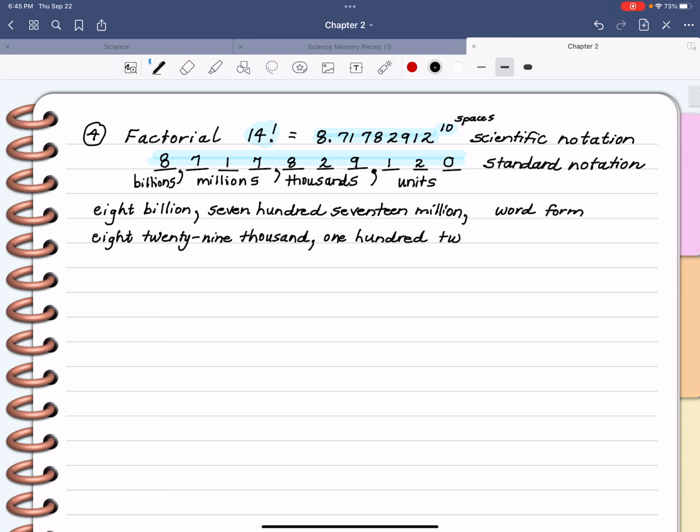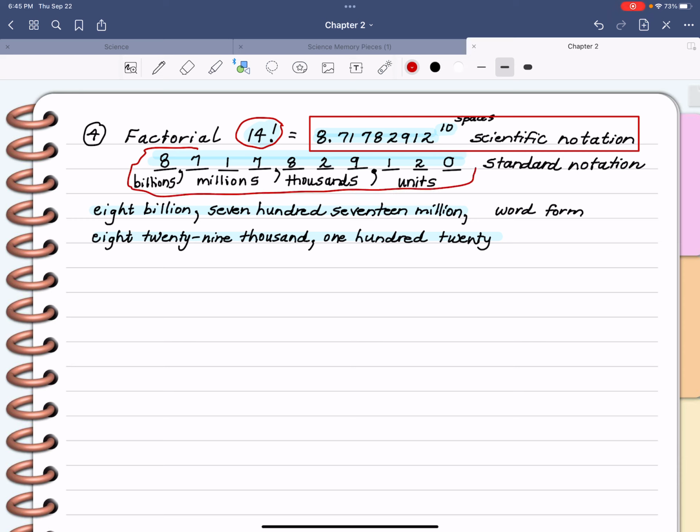I thought this was going to be a fairly easy problem. And it is, I guess, depending on how well you know your place value. So I've given you 4 ways to write this answer. You can write it as 14 factorial. You can write it in scientific notation. You can write it in standard notation.